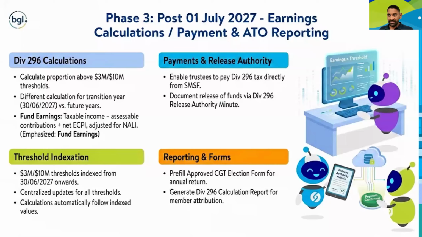Also, we want to provide a full reconciliation report of our Division 296 calculation. As you can imagine, certain investment reports will potentially need new columns just for the Division 296 side of things. Whole heap of changes in the pipeline, as you can see.